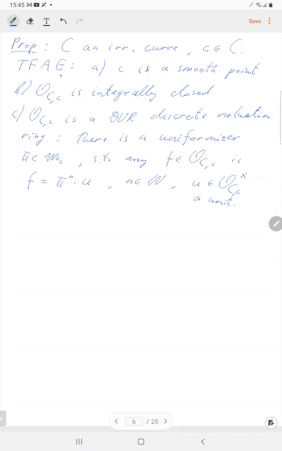So let's prove this. First of all, from C, we can deduce B immediately.